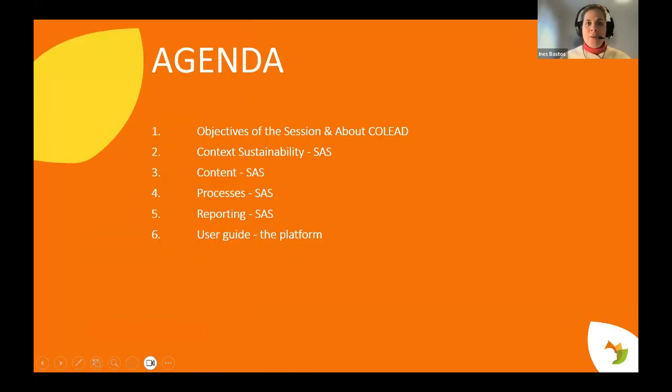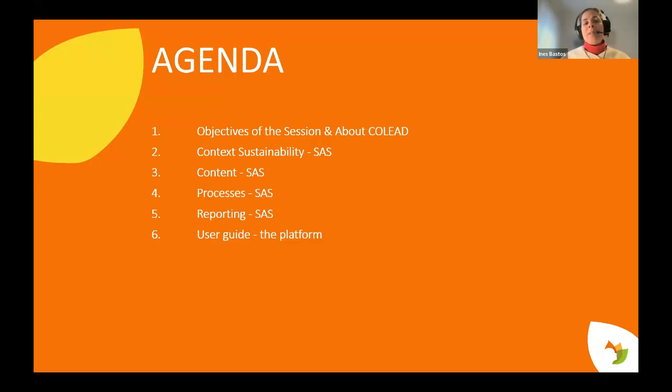So let's start. I will do a very brief presentation regarding the objectives of the session, the expected outcomes, and give very brief information about COLID. I think the COLID team already knows, and our extended team that are the SAS experts are already quite familiarized with COLID. We will give a brief context about sustainability.